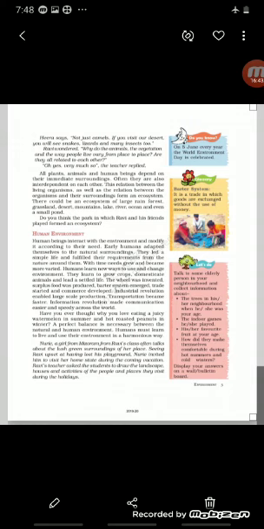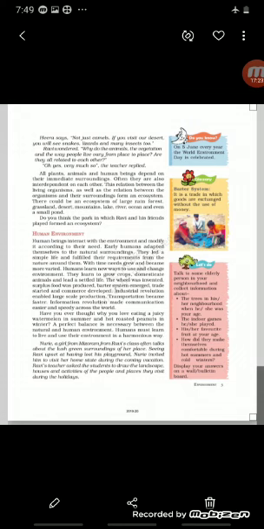This relation between the living organisms as well as the relation between the organisms and their surroundings form an ecosystem. Ecosystem means the interrelation between the living organisms and their surroundings. Do you think the park in which Ravi and his friend played forms an ecosystem? Yes, the park in which Ravi and his friends played formed an ecosystem.